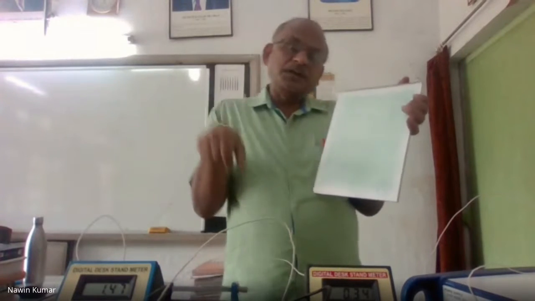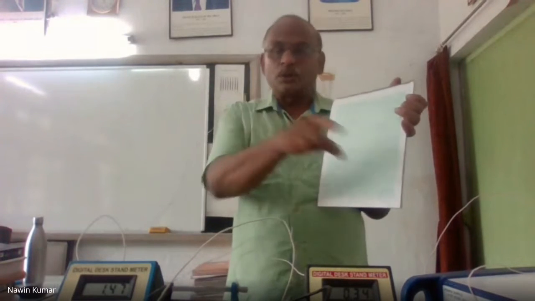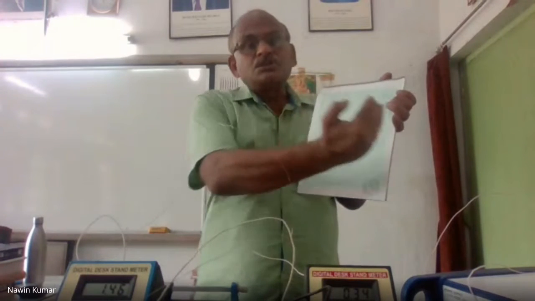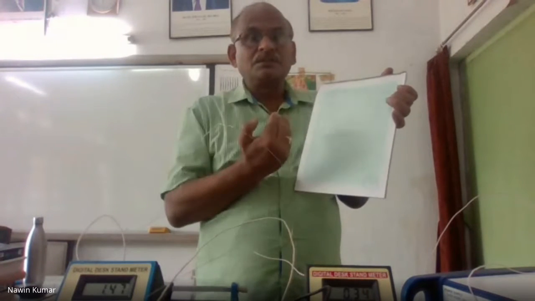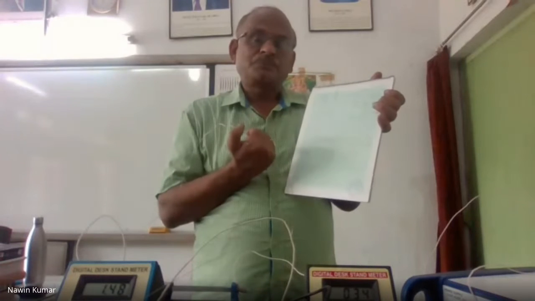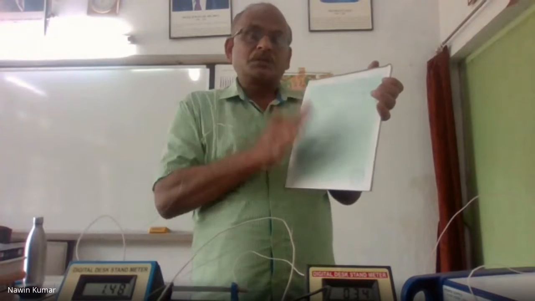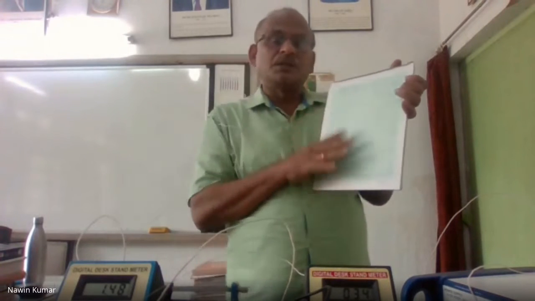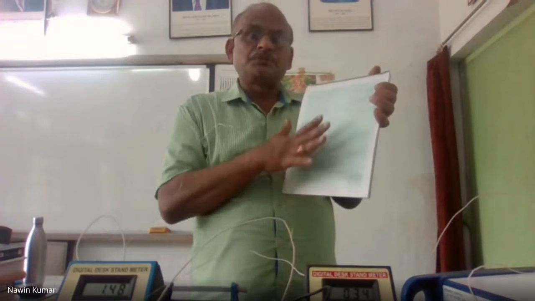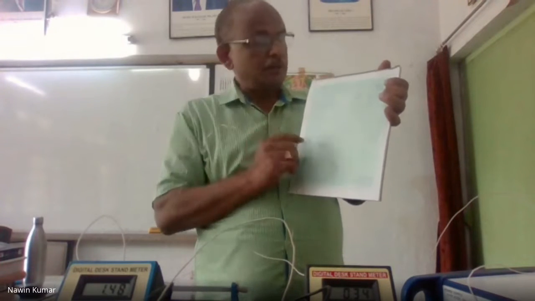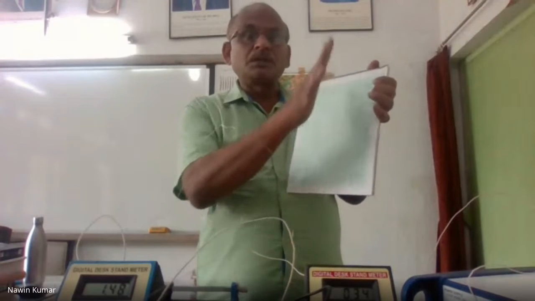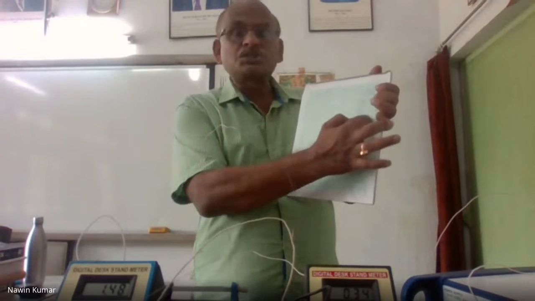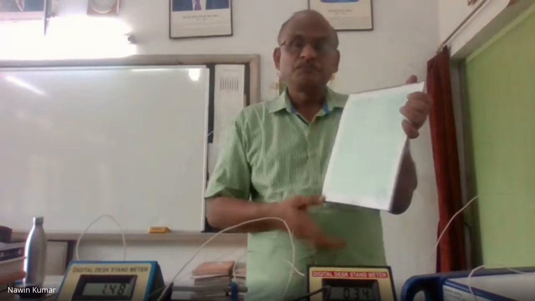If we find the average resistance of all the readings, then we can see the variation, that is error. But here our purpose is to find the resistivity of the given wire by plotting a graph. So here resistance is calculated first.